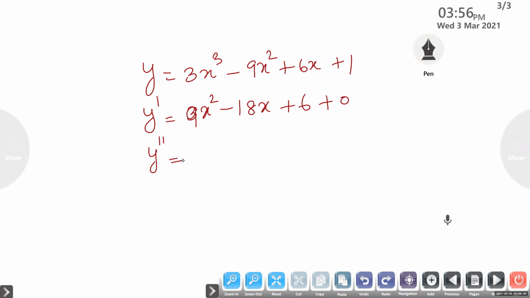Others keep quiet. Aditya, what is y double dash? You have to differentiate y dash again.